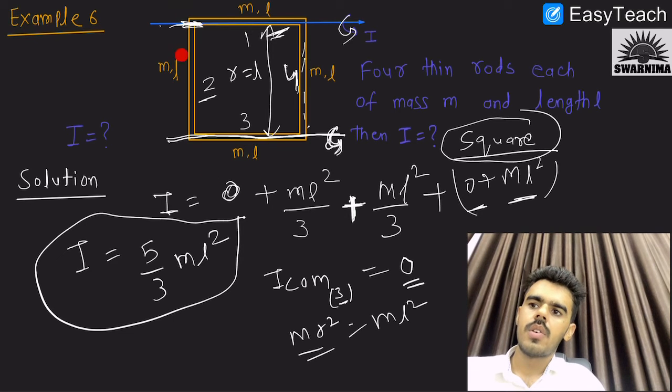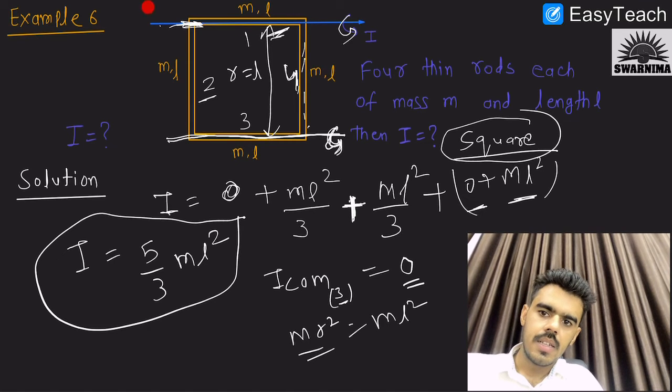If we talk about rod number 2, the edge of rod number 2 lies on the axis and the axis is perpendicular to the rod.